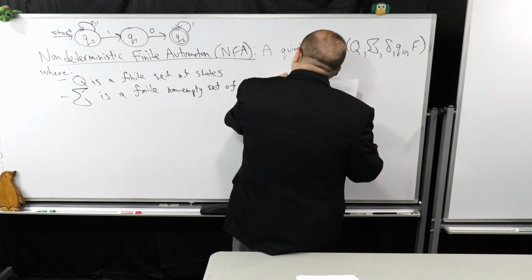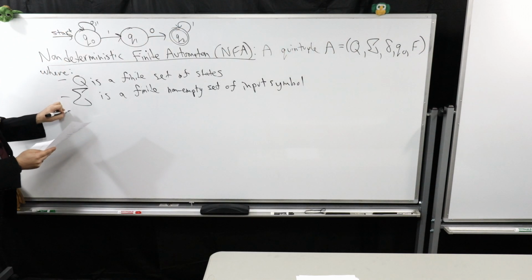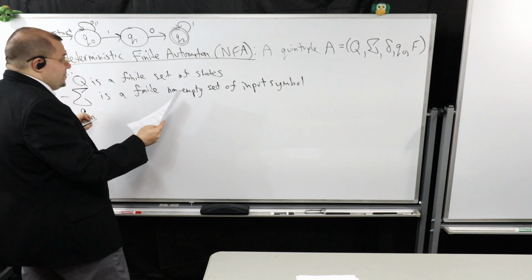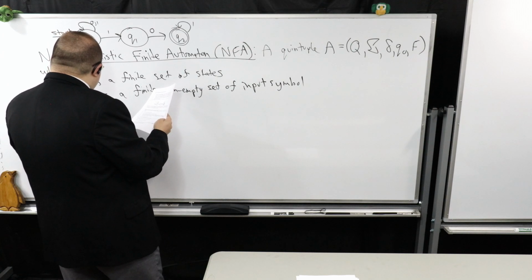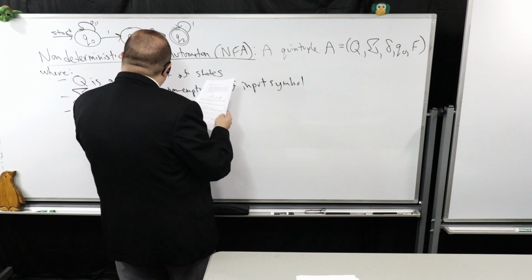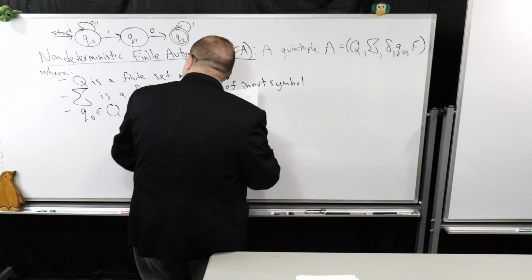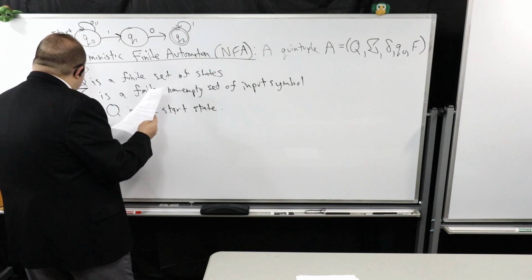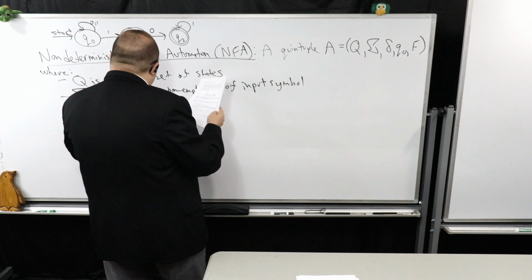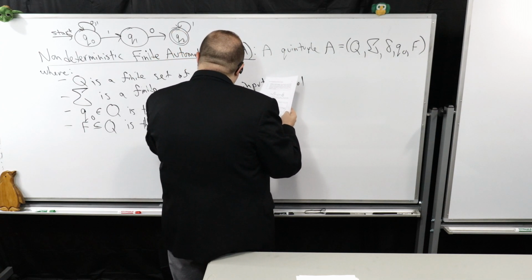So far this is exactly the same as you would anticipate. Just for dramatic purposes, I'll skip over delta, because delta seems to be the thing that is a little bit odd here. So Q0, again, is the start state. And we have F, which is a subset of all the states, the set of final or accepting states.